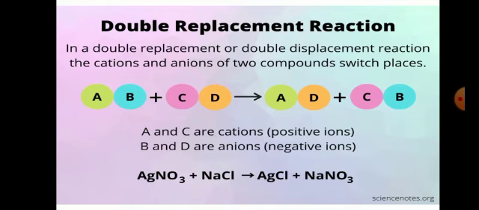Here you can observe that Cl replaces NO3 in the aqueous solution AgNO3, and NO3 goes and settles with sodium to form sodium nitrate. This is a best example for your double replacement or displacement reaction.